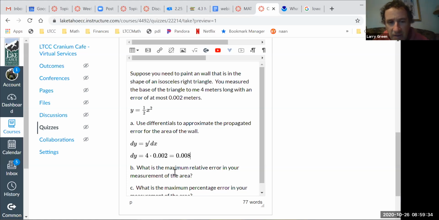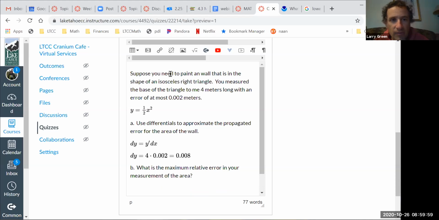Then we want the maximum relative error. Who remembers what relative error is? That's dy over y. So we need to find y, but y is pretty easy because y is 1/2 x squared and x is 4.